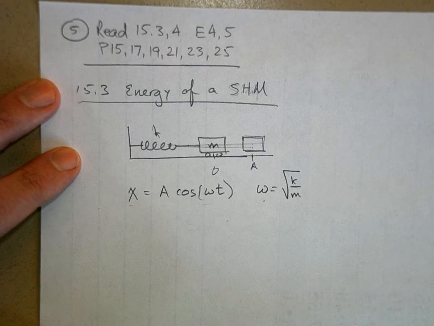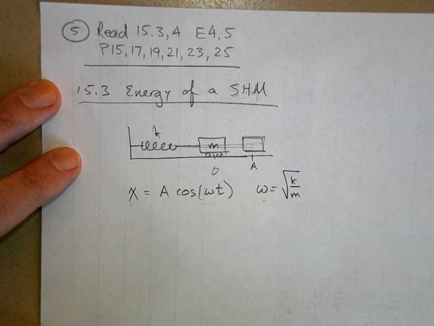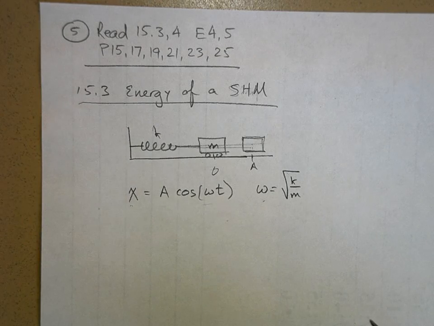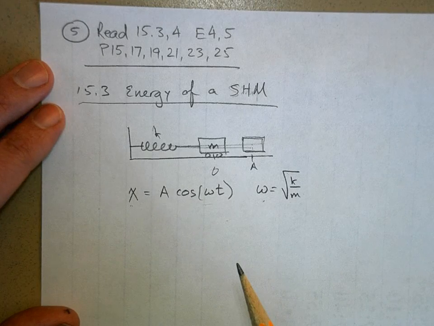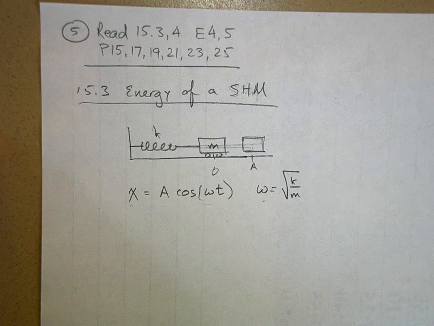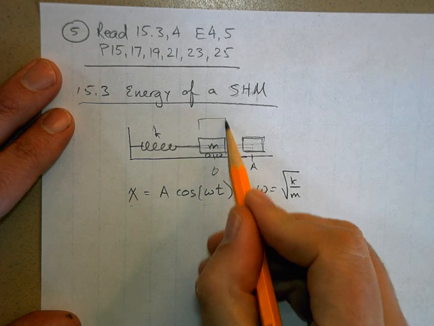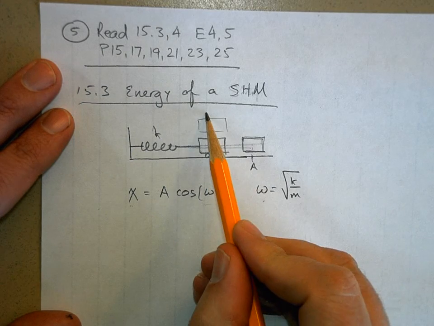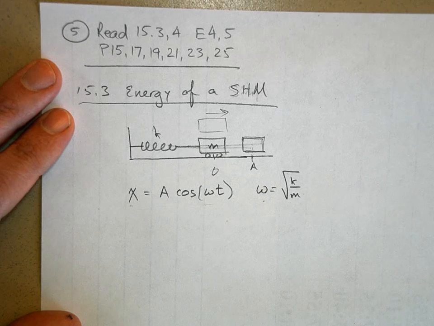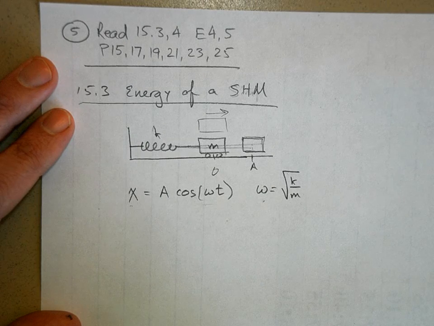Oh, okay. That's a great question. When do you use cosine or when do you use sine? If at t equals 0 the object starts here but it has some velocity, then I would use sine.